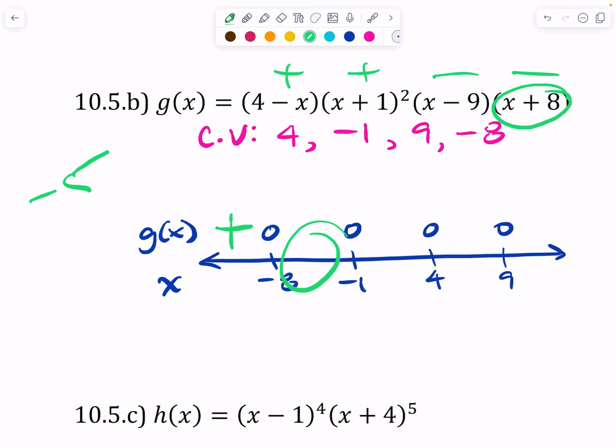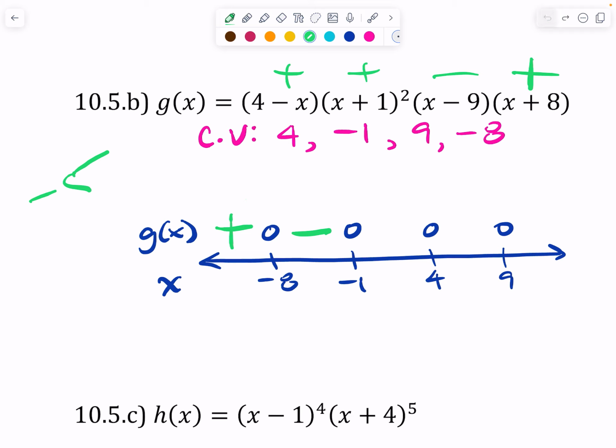And -5 plus 8 is positive. Ooh. So that one changed. The rest stayed same. Interesting. But that one changed. And now we've got the product of 3 positives and a negative. So that whole region is negative. Okay, so we got the alternating thing happening, just like we had in the previous example.